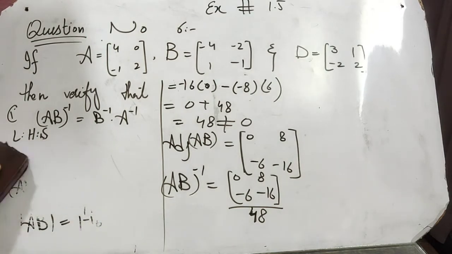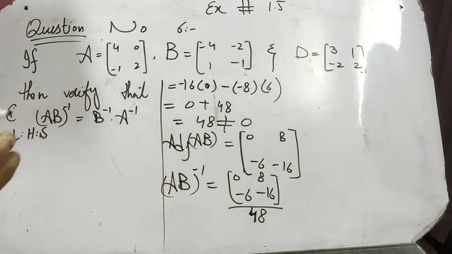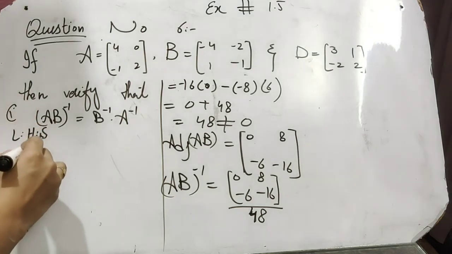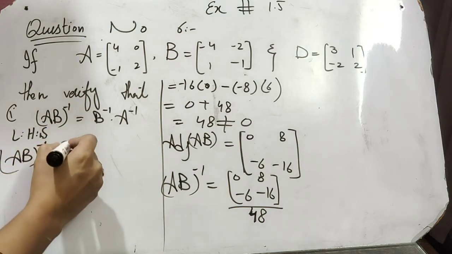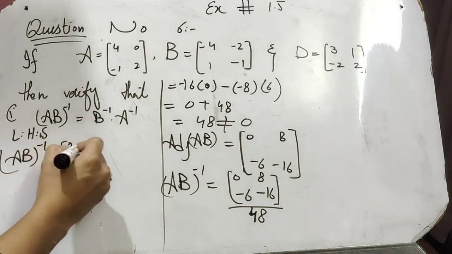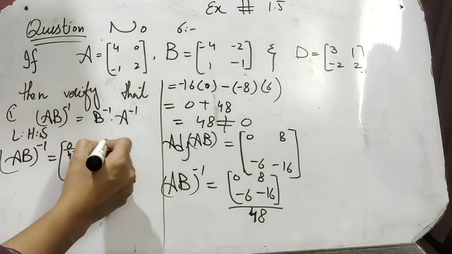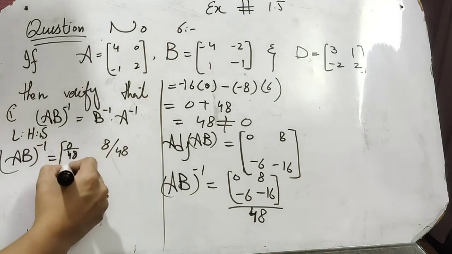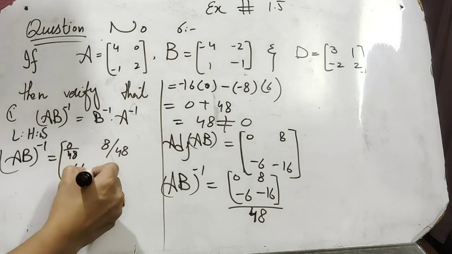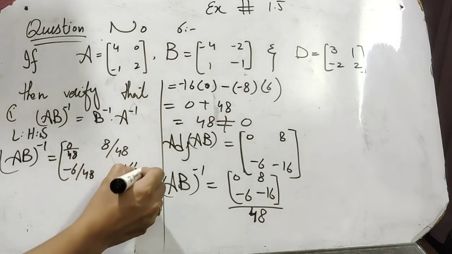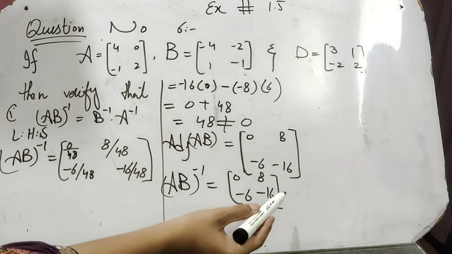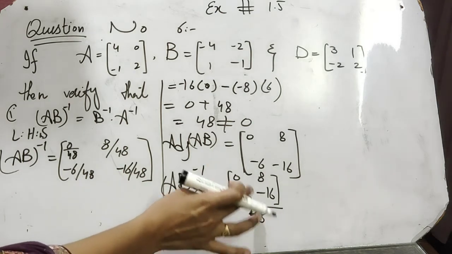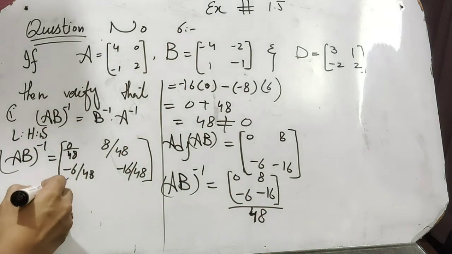And it will be equal to the inverse of A into B is equal to 0 divided by 48, 8 by 48, minus 6 by 48 and minus 16 by 48, because 48 divides the whole matrix, so it divides each entry of this matrix.